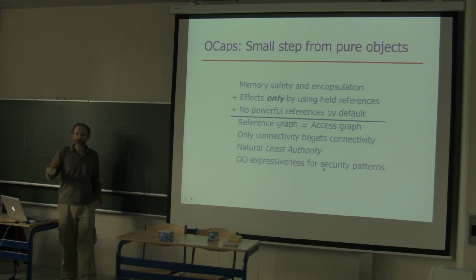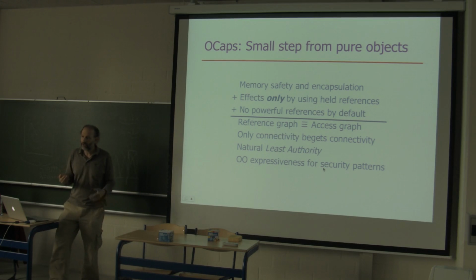It leads to the natural expression of least authority, because now this principle simply means that when you design the interface of an abstraction, the interface should not require the provision of parameters that are not required for the legitimate duties of the abstraction that it's an interface to. And that's just sane interface design anyway.